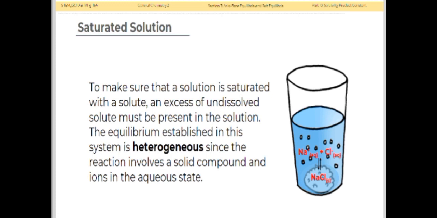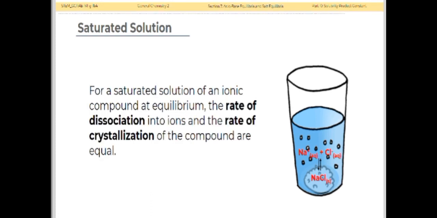The equilibrium established in the system is heterogeneous, since the reaction involves a solid compound and ions in the aqueous state. For a saturated solution of an ionic compound at equilibrium, the rate of dissociation into ions and the rate of crystallization of the compound are equal.